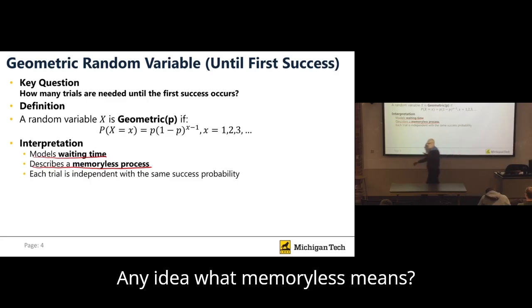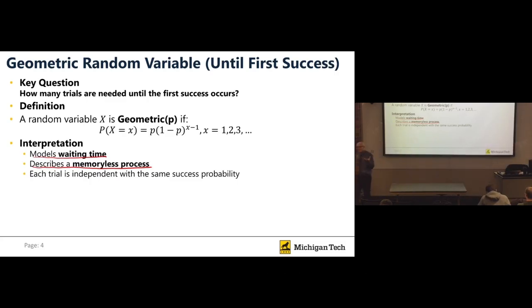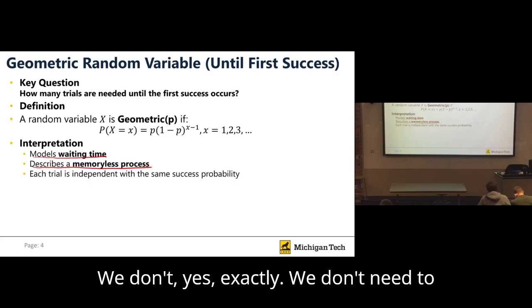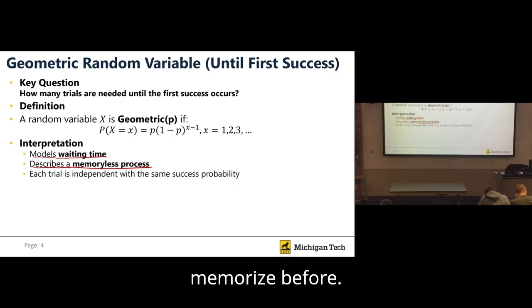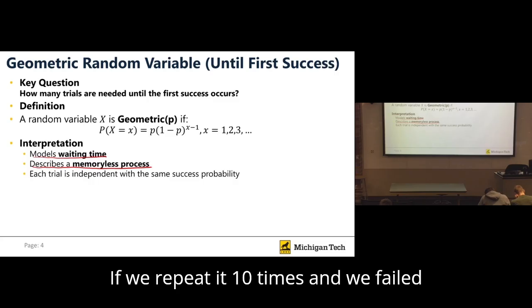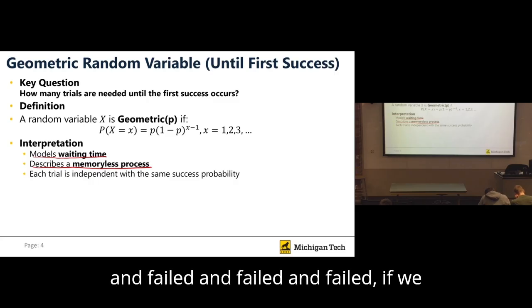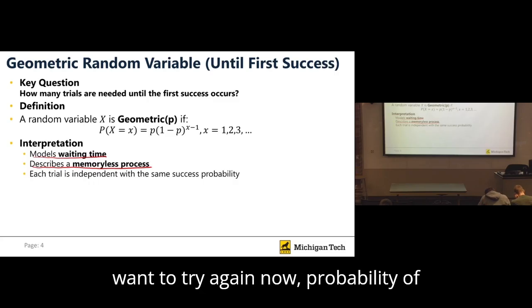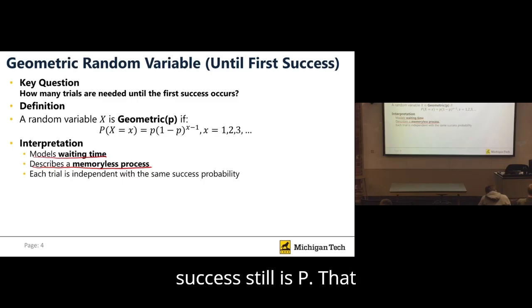Any idea? Yes, exactly. We don't need to memorize what happened before. Whatever happened before, we don't care. If we repeat it 10 times and we failed and failed and failed, if we want to try again now, the probability of success is still p.